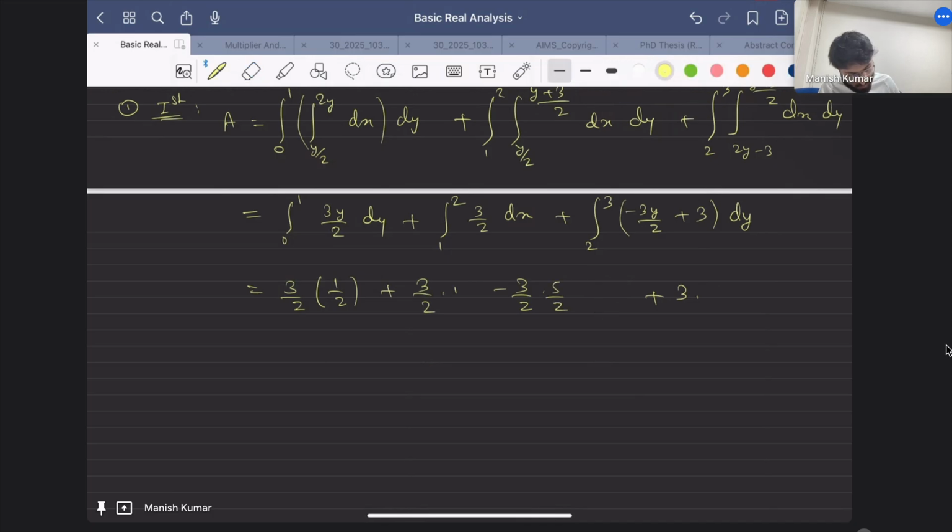Taking LCM 4, I get 3 plus 6 minus 15 plus 12, which is 6 by 4, that is 3 by 2. So this was one obvious approach.